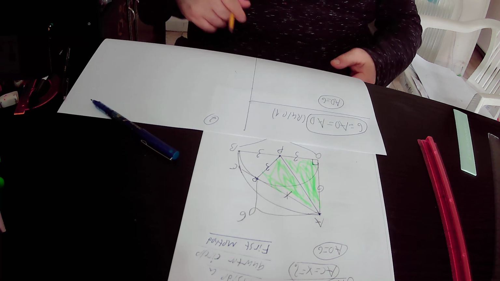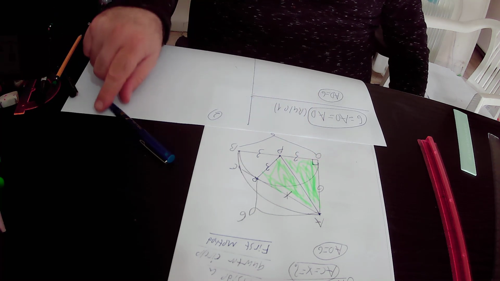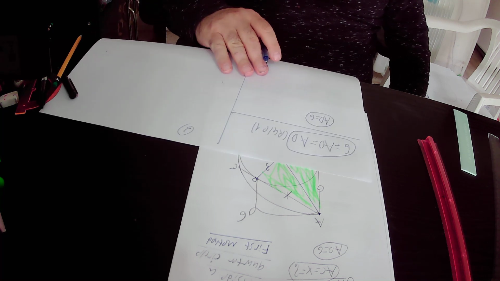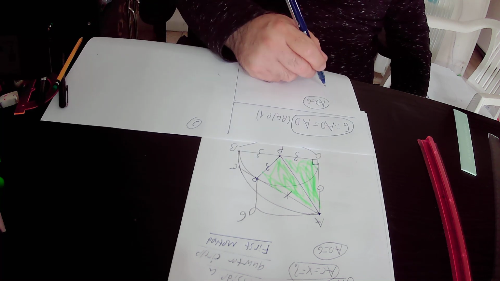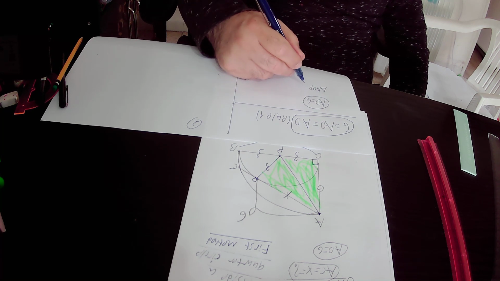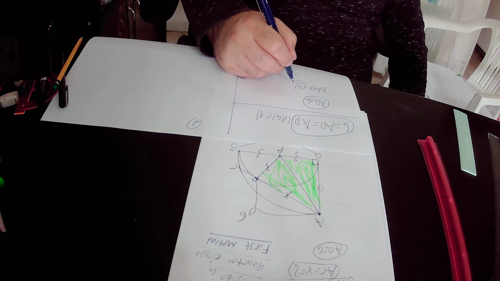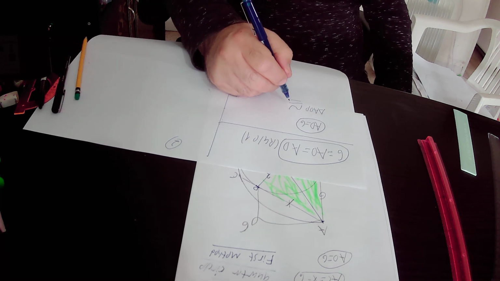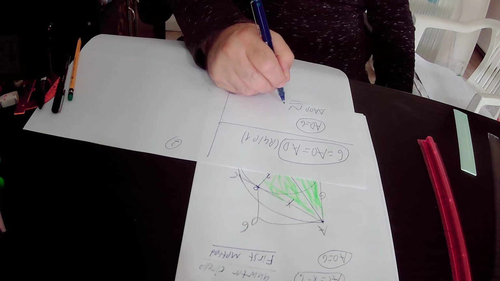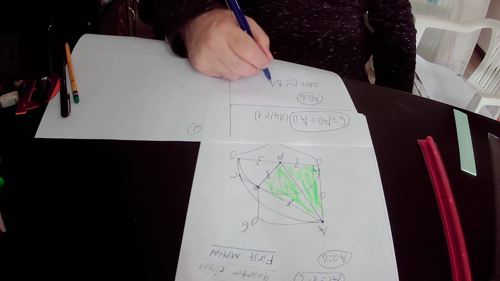So we will prove that the right triangle AOP is congruent to the right triangle APD.